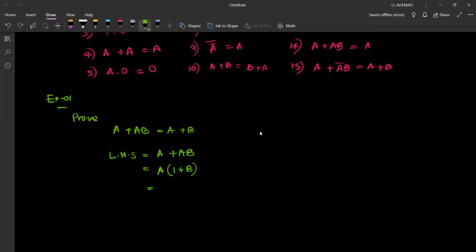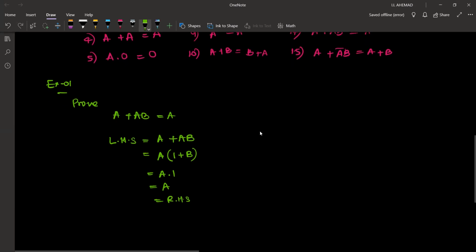Even if B takes 0 or B takes 1, still the output is going to become 1. So we have A dot 1. When we have A dot 1, now the output depends on A. If A is 1, the output is 1. If A is 0, the output is 0. Therefore, the output is A, which is equal to RHS. We have to prove A plus AB is equal to A. Is that clear?